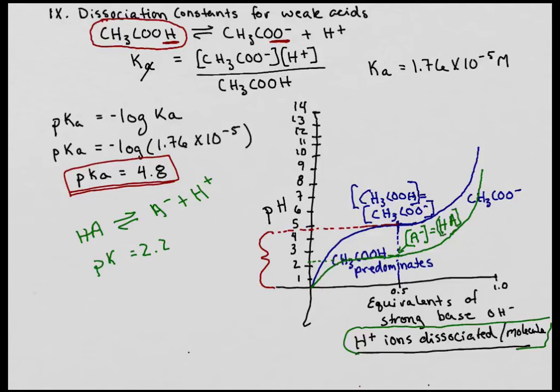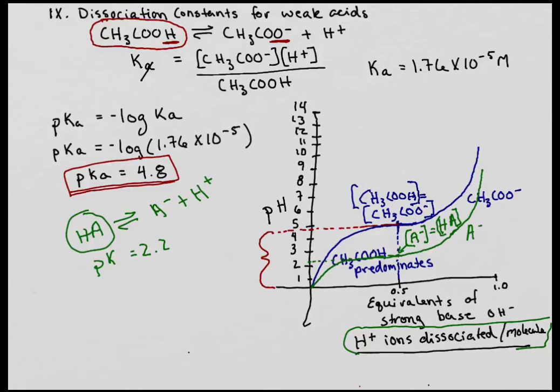And of course, now at pHs of less than 2.2, HA is going to predominate. At pHs of greater than 2.2, which is a big range of the pH scale, we know that the A minus is going to predominate. So in here, A minus predominates. Neat. So everywhere above 2.2. So that's a stronger acid.